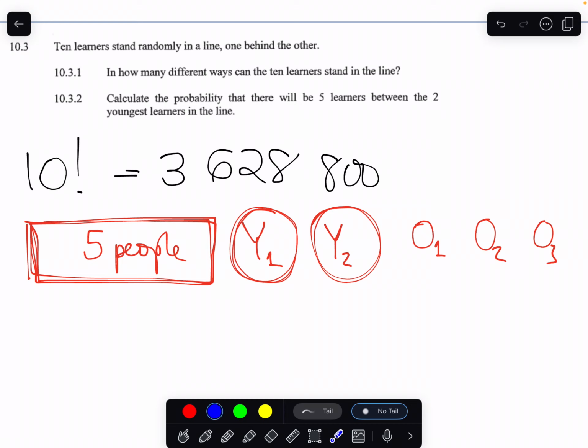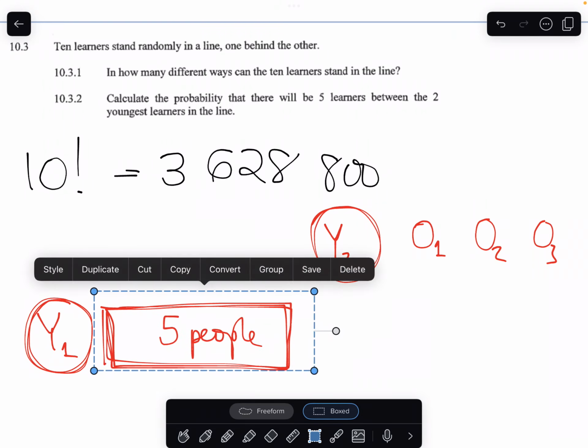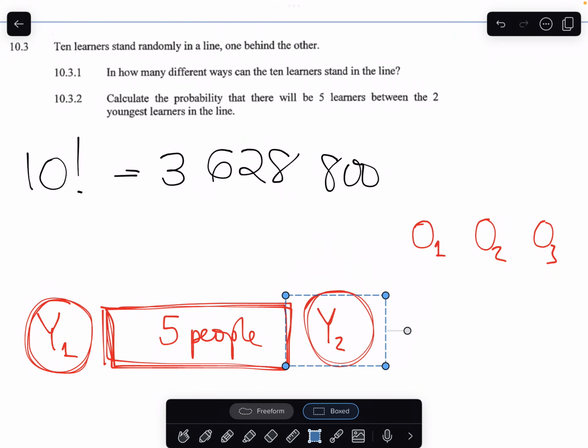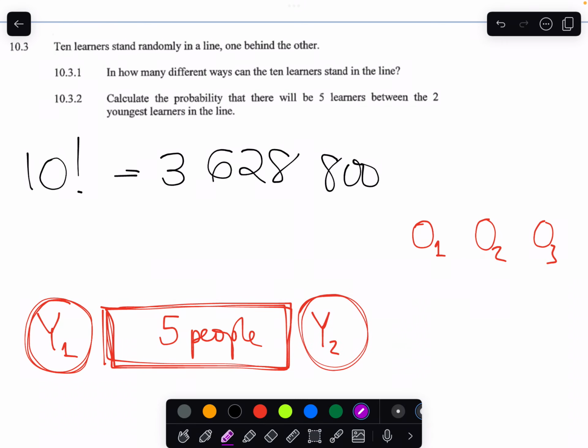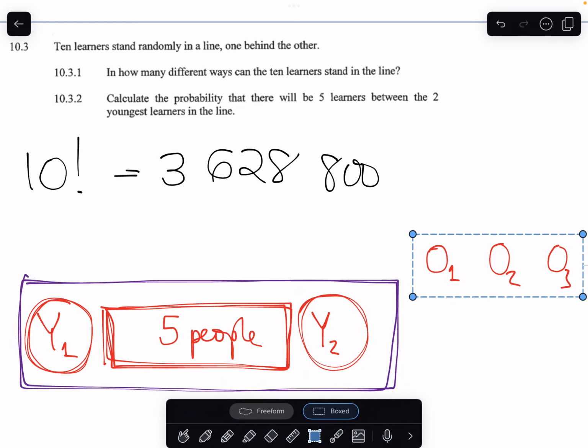Even more specifically, I'm going to treat this as one unit. And then these are the other items that we can play around with.